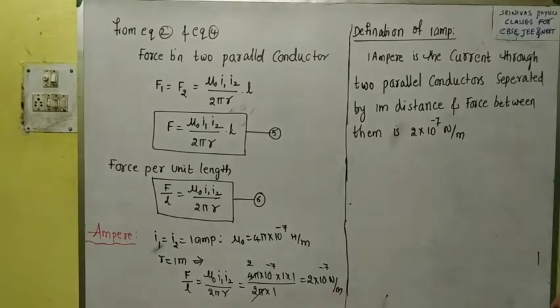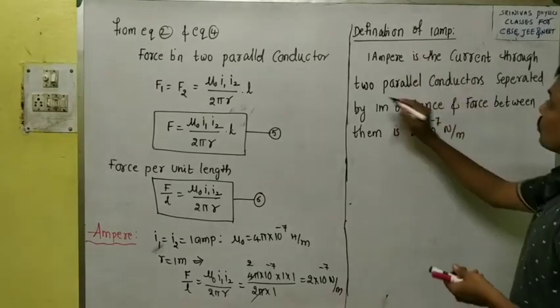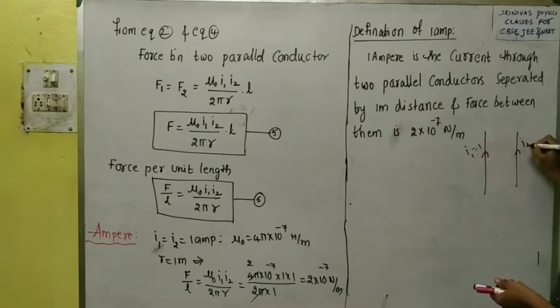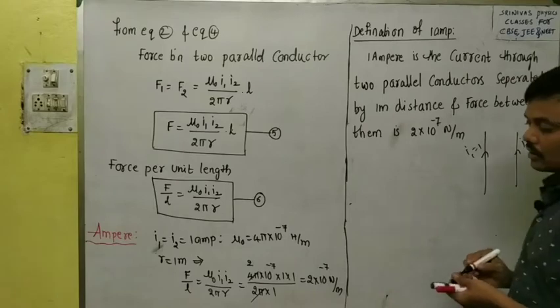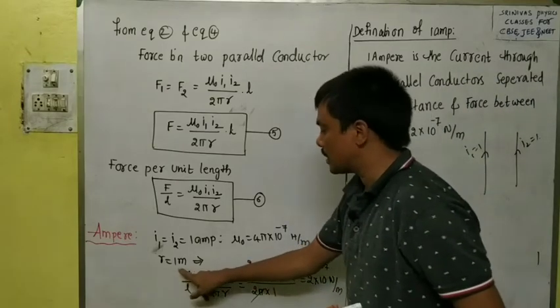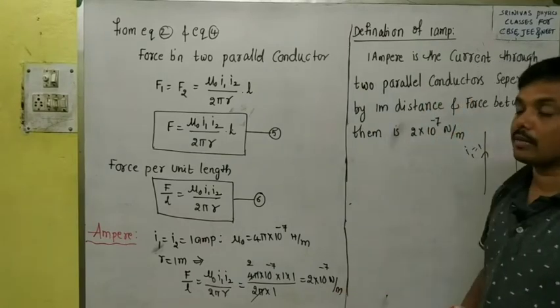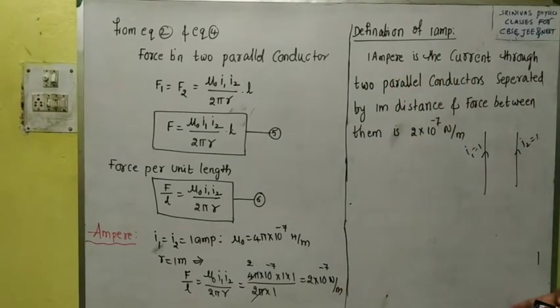So 1 ampere is the current through the two parallel conductors, 1 ampere and 1 ampere, when they are separated by 1 meter distance and the force between them is 2 into 10 to the power of minus 7 Newton per meter. This is the definition of 1 ampere.